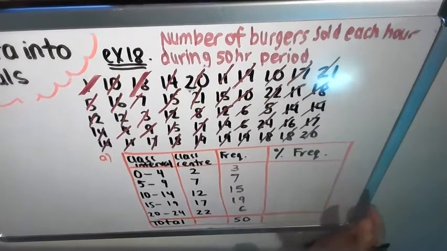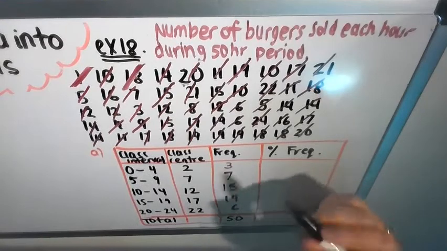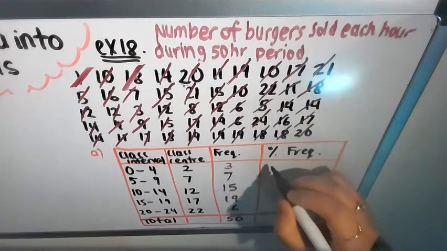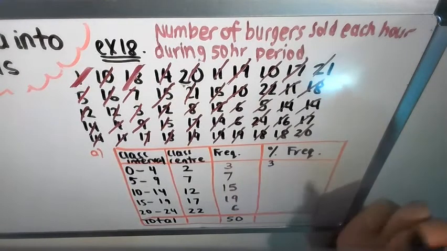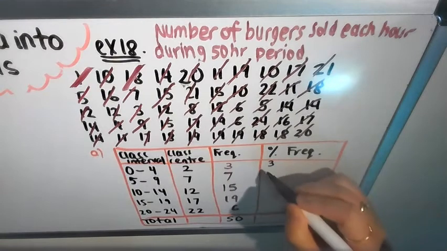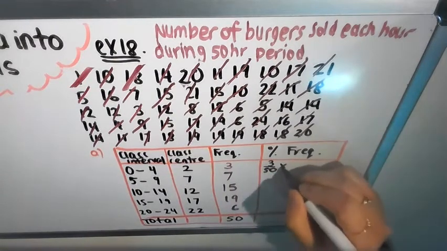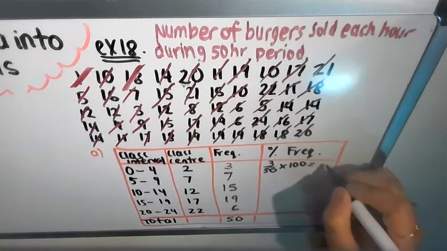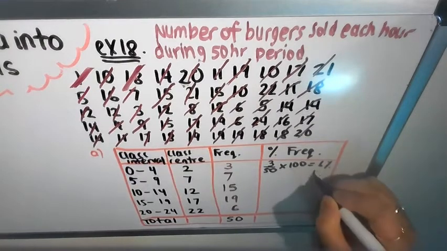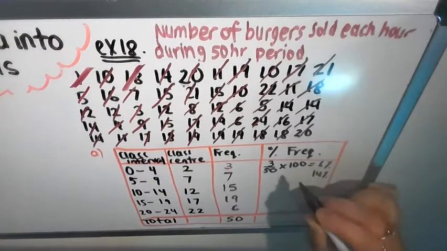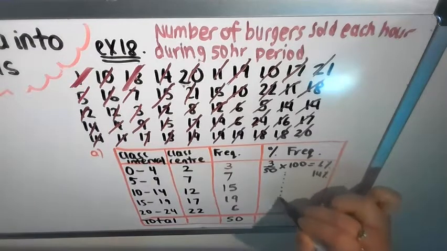And now we have to find percent frequency. To find percent frequency, we take our frequency, put it over the total, and we times it by 100. In this case, it's 6%. This one is 14%, and you can do the rest, okay?